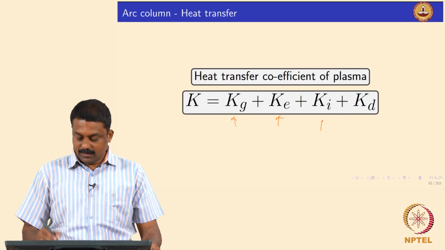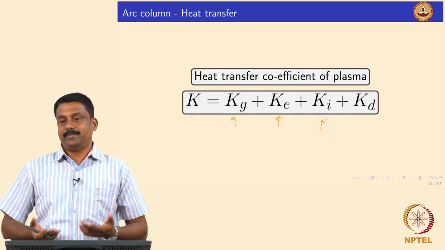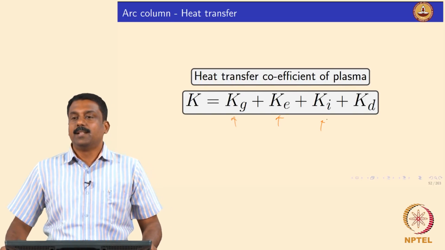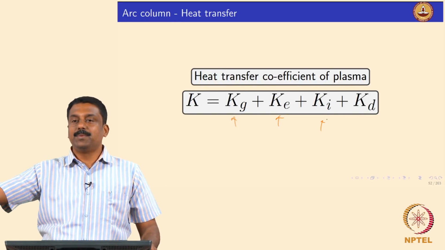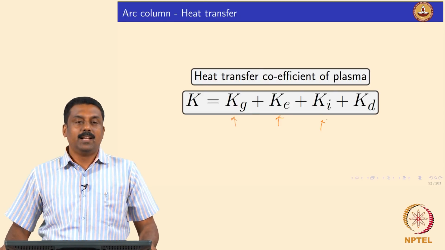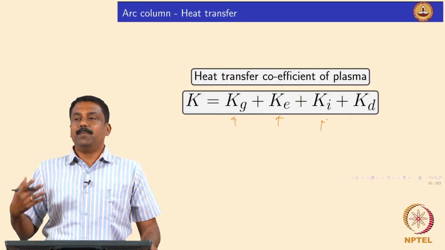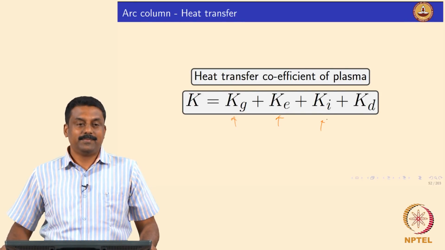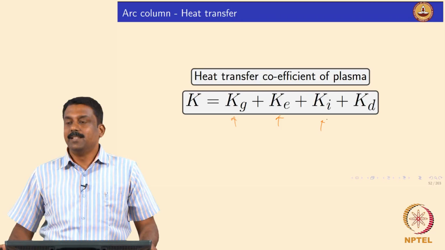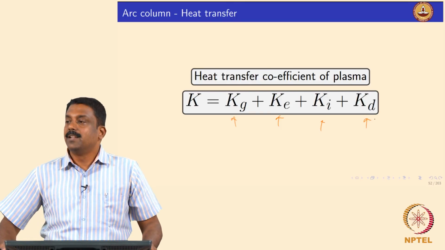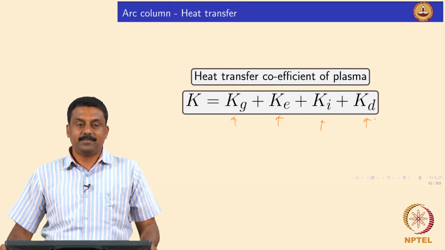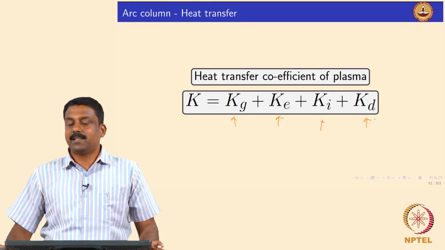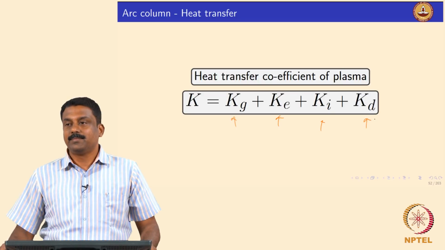And then the diffusion of ionized pairs, an ionized gas atom combines with an electron and becomes a neutral gas atom. During this process it liberates whatever it consumed during the ionization process. Okay. The same thing can also happen with dissociation and de-dissociation. So, by conduction in an arc, heat is transferred by all these 4 mechanisms.